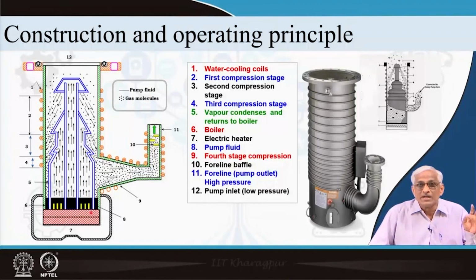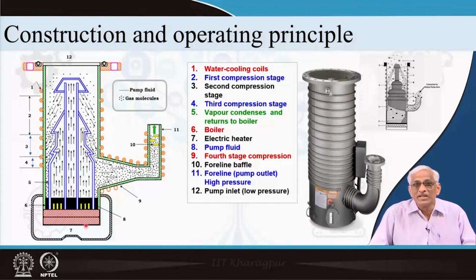So, a cylindrical container, a jet assembly, a heater, a radiation shield, and to this cylinder there is a chilled water supply, a water cooling coil, which is cooling. So, you are heating in the bottom, you are cooling in the top. Oil gets evaporated, these solid arrows are vapor molecules of this liquid, and they jet out, because that is the only opening they have, like an umbrella.